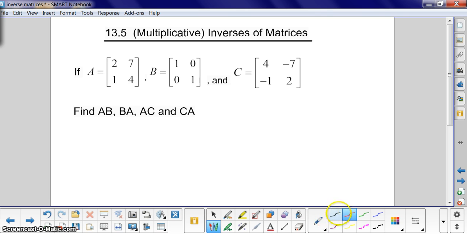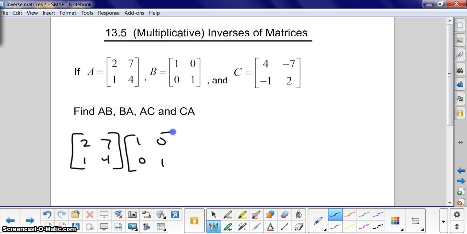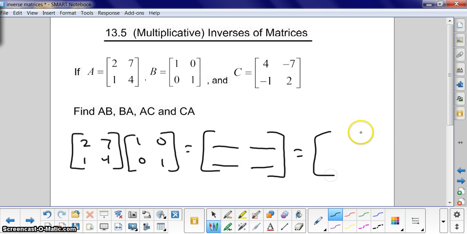Okay, matrix A times B. So 2, 7, 1, 4 multiplied by matrix B, which is 1, 0, 0, 1. If I'm going to multiply this together, 2 by 2 multiplied by 2 by 2, it's possible. I'm going to end up with a 2 by 2, and then I'll put my final answer right here. This is for work over here. 2 times 1 is 2, plus 7 times 0, which is 0.